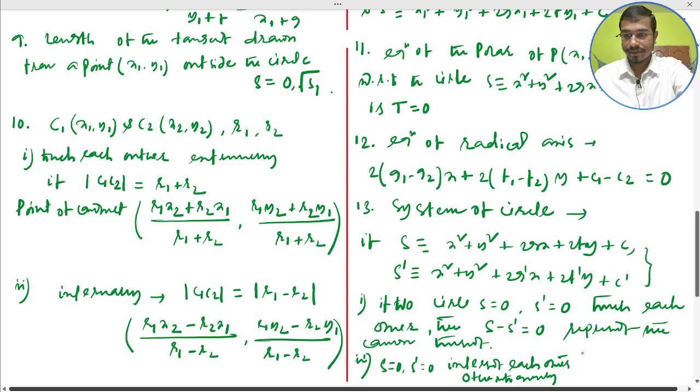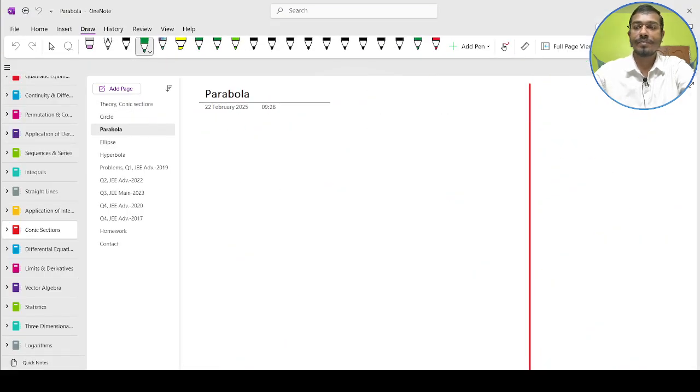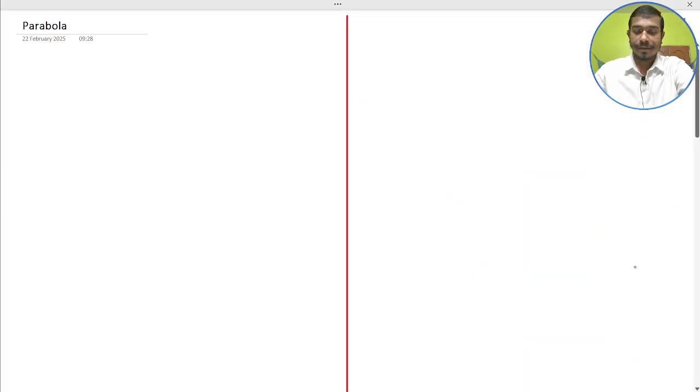Then the condition is 2gg dash plus 2ff dash is equal to c plus c dash. This is the statement. Next, second one, the parabola.